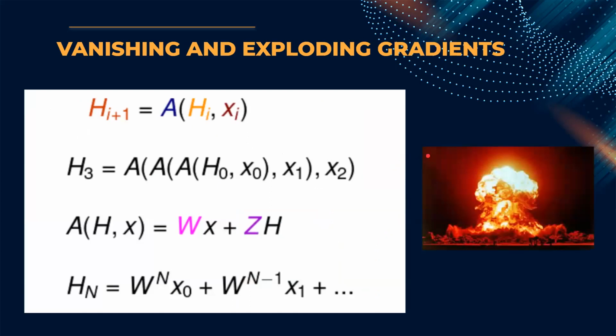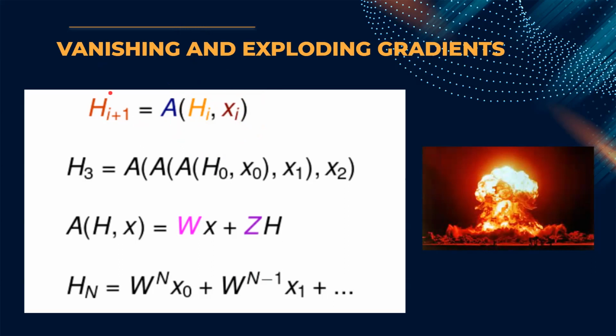The major drawback in RNNs were vanishing and exploding gradients. To understand this drawback, let us assume a function for the RNN cell. If A is a function for each RNN cell, it will be taking two inputs, the hidden state and the time step input. If we plug both of them into the RNN cell function, this will give us the next hidden state.